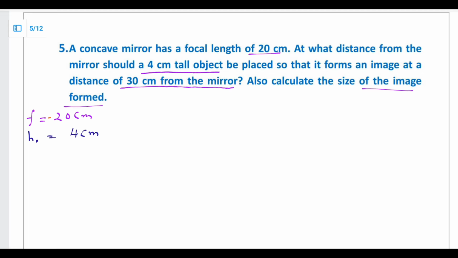Generally it is considered plus because it is placed above the principal axis. And also the image is formed 30 centimeters from the mirror. Image distance equals 30 centimeters.